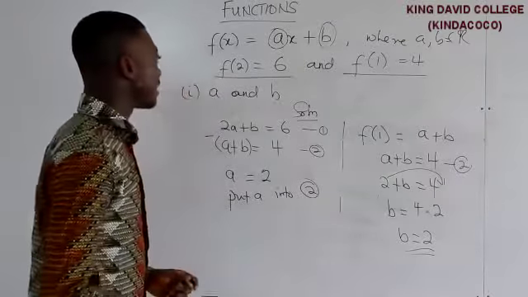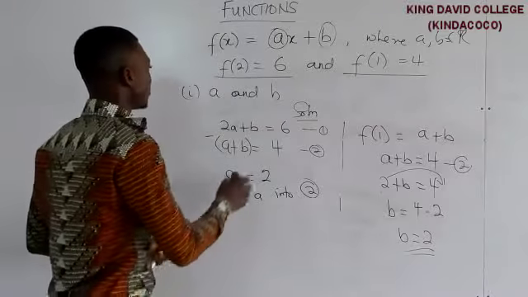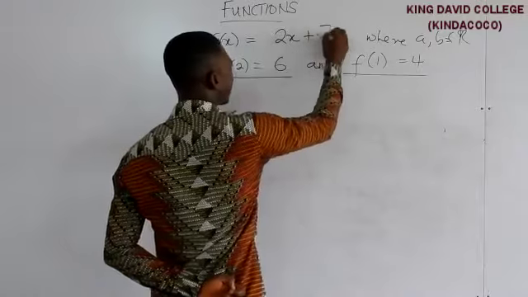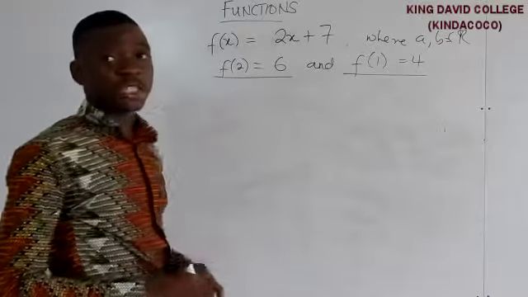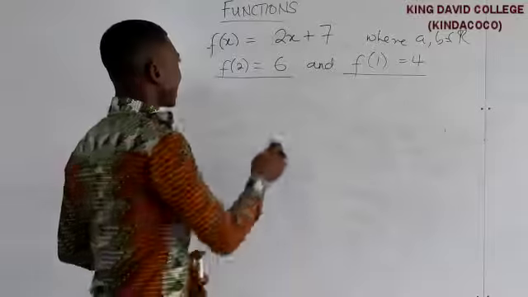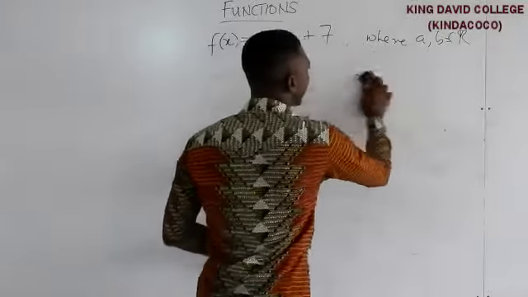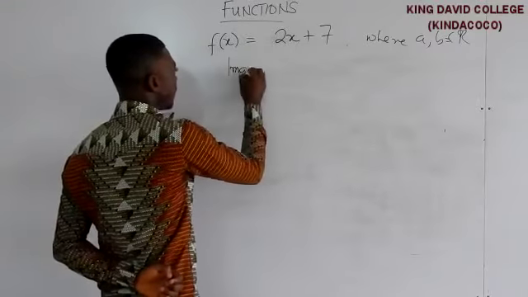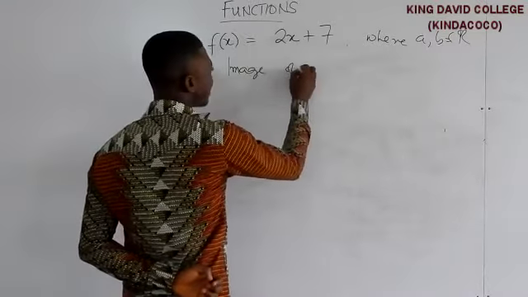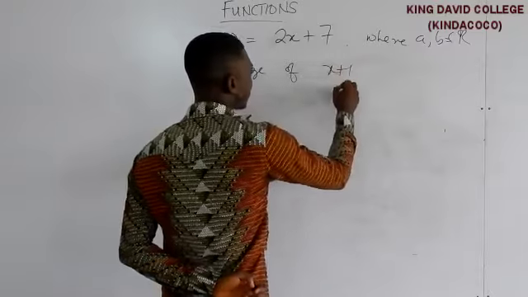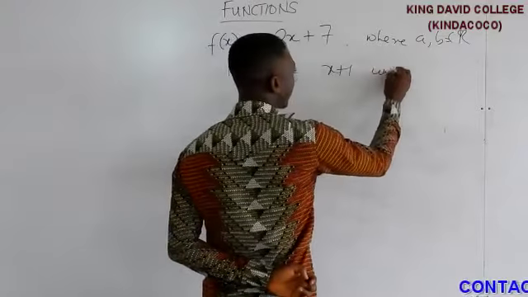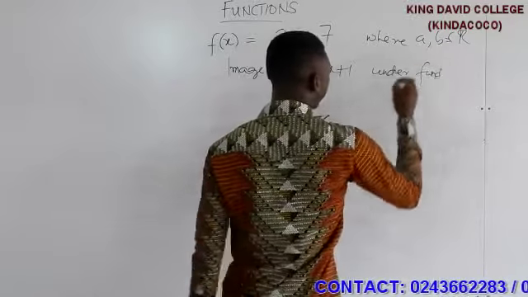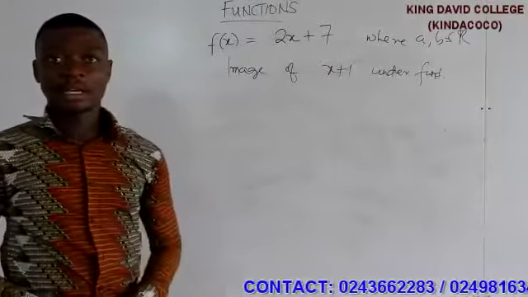Let's say you are given a new set of questions. For instance, the function is 2x plus 7, and they are asking you to find the image of x plus 1 under the function.